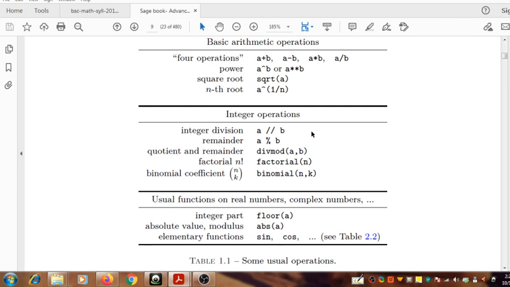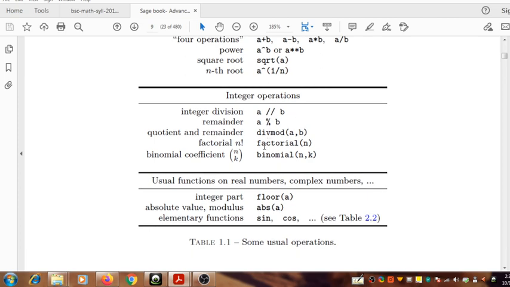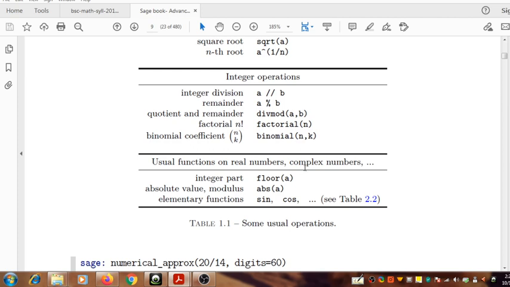The third type of functions given here is the usual functions on real numbers and complex numbers, etc. That means the usual kind of functions. First one is the floor function.